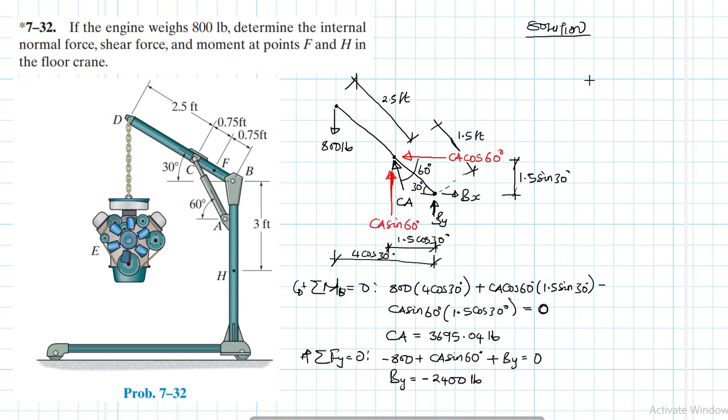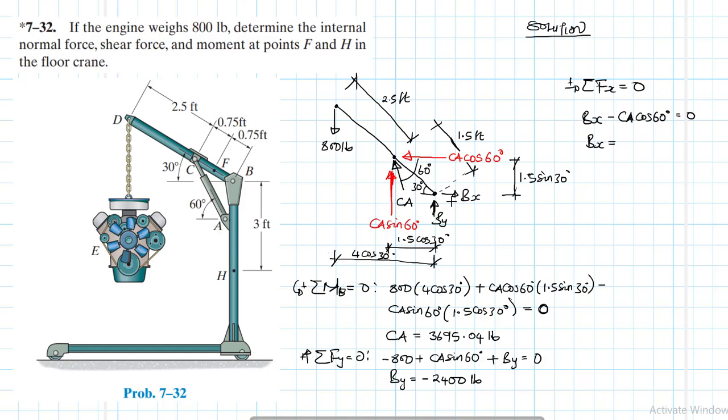So let's find Bx, summation of forces in the x direction equal to 0. What do we have? We have Bx minus CA cos 60. Alright. Bx therefore is going to be equal to, cos 60 is half, right?